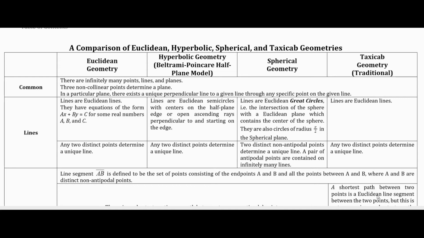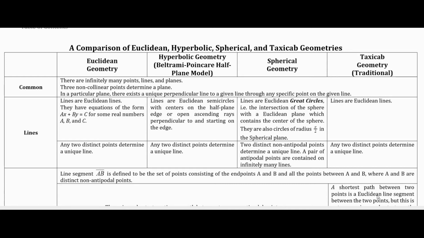We've also introduced some GeoGebra and Lénárt sphere models for spherical geometry, and traditional taxicab geometry is what we're going to be looking at as well. There is at least one other slight variation on taxicab geometry that I have seen, and I have seen multiple representations of hyperbolic geometry, but these are the versions that we're going to be using in my presentation of this material.